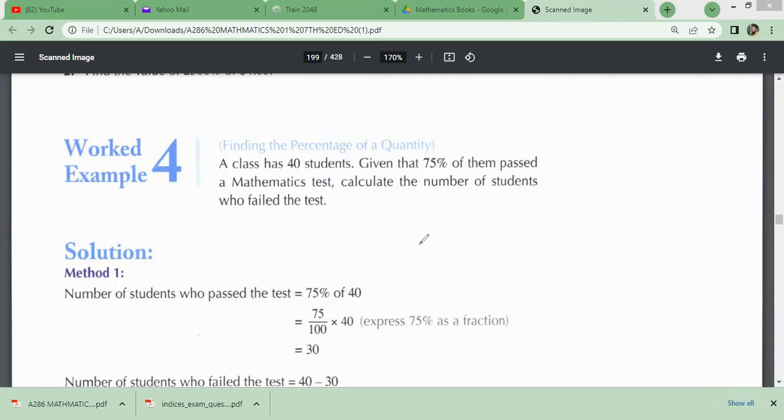There are again two methods. One method is that 75% have passed, so we calculate the number of students who have passed and subtract it from the total students, which is 40. So 40 minus 30, and we get the answer.